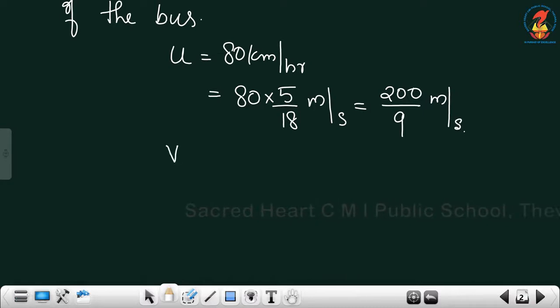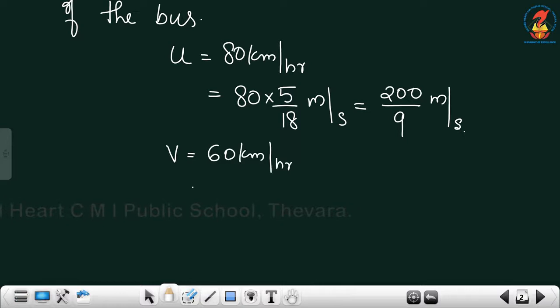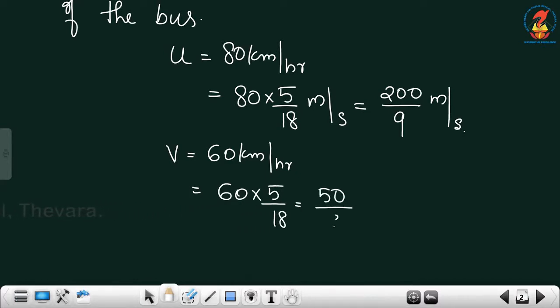Then final velocity v, you got it as 60 kilometer per hour. That is 60 into 5 by 18. You will get the answer 50 by 9 meter per second. Time is given as 5 seconds.